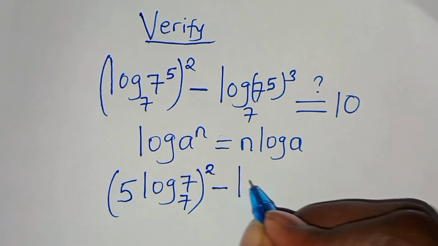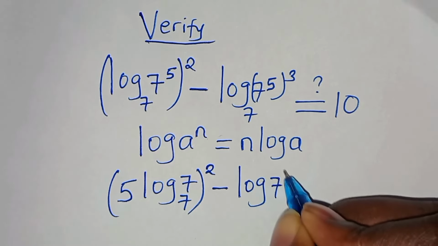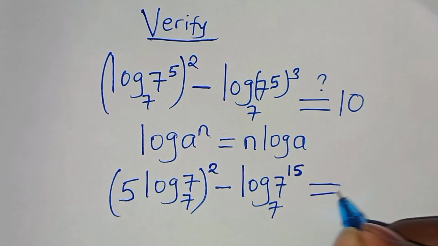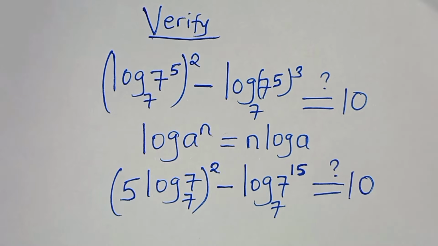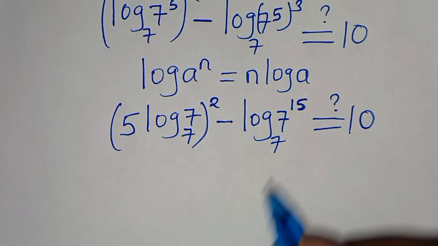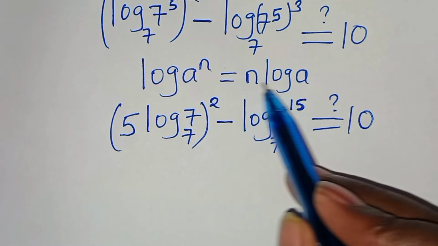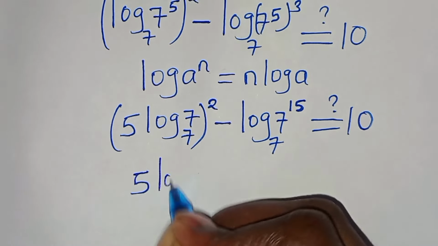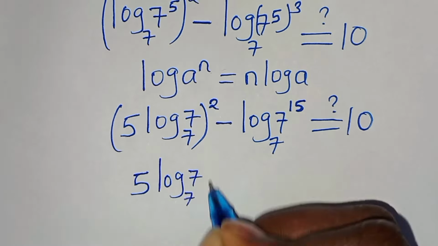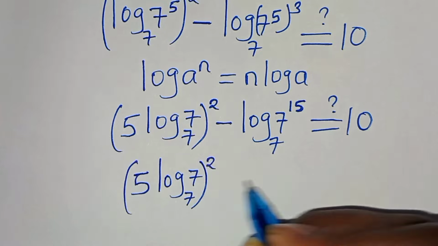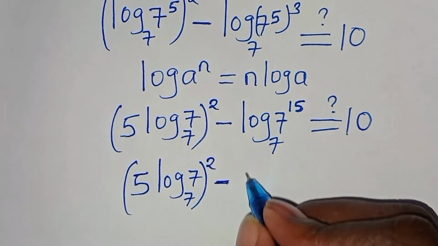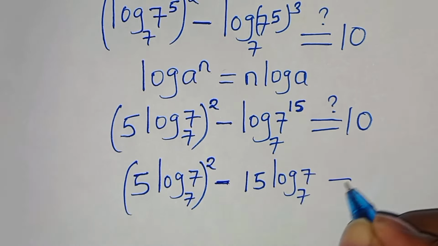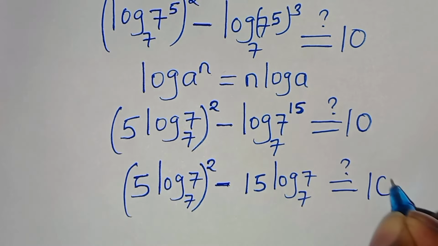So this is the same thing as log 7 to the power of 15 to base 7 here. This is supposed to give us a value of 10. So we can apply this power rule property of logarithm here, so that now we have 5 log 7 to base 7 raised to the power of 2. Then subtract 15 log 7 to base 7. This is supposed to give us a value of 10.